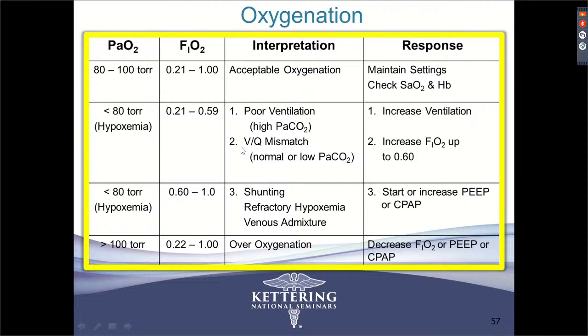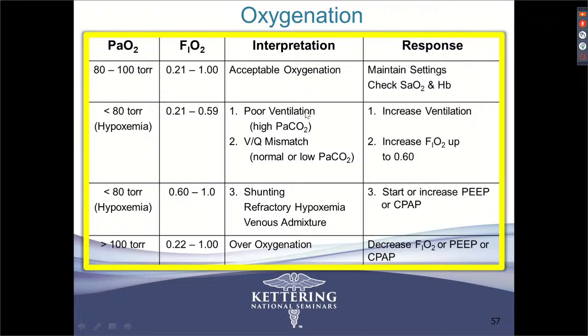And then the second would be VQ mismatch, and that means basically the CO2 is normal. So there's only two things that can cause bad oxygenation on 21 to 59%. That's poor ventilation and VQ mismatching. So if it's not poor ventilation, then it has to be a VQ mismatch.